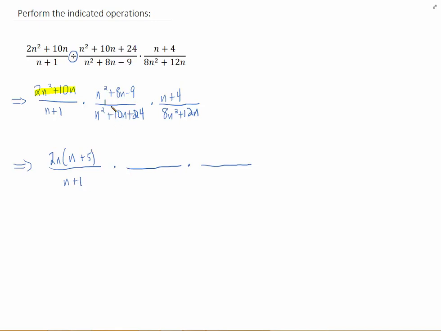Now, factoring the n² + 8n − 9. That will factor, that's a polynomial. Is there a pair of numbers that multiplies to negative 9 and adds to 8? I can work with a 1 and a 9. So this is (n − 1)(n + 9).